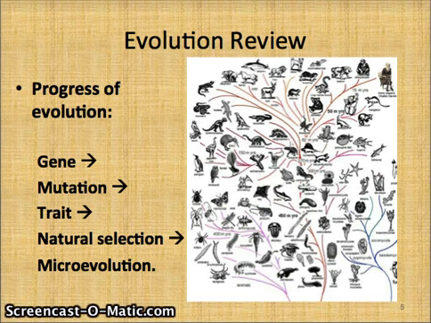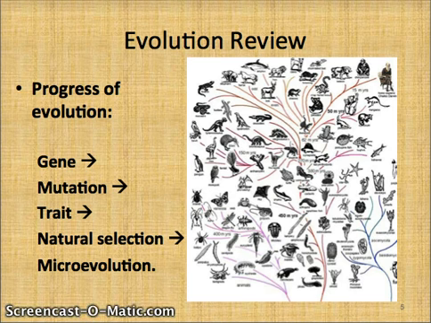We've talked a little bit about evolution in previous classes, but we're going to talk about the process right now. First, it starts with a gene. We've talked a lot about genes, genes being a combination of those nitrogen bases, A's, T's, C's, and G's. If there is a change in that gene, you have a mutation. Mutations are not good or bad by themselves.